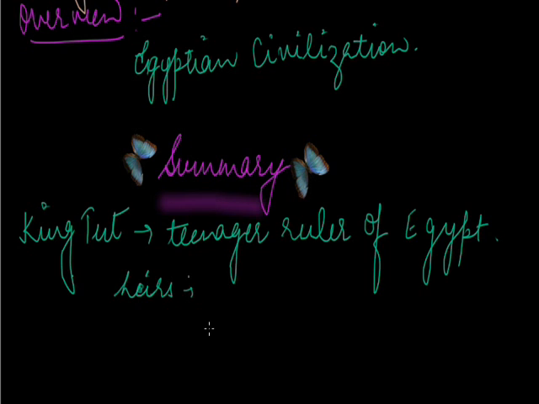Zahi Hawass, Secretary General of Egypt's Supreme Council of Antiquities, admitted that Carter had made the condition of the mummy very bad. Who made the condition of the mummy very bad? Carter, that is C-A-R-T-E-R, Carter.